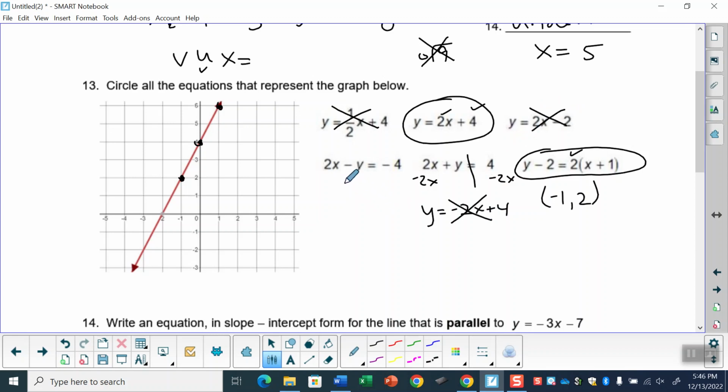And then this one, again, I'm going to subtract 2x from both sides. So I get -y equals -2x minus 4. Divide everybody by -1. So positive y equals +2x plus 4. So that works.